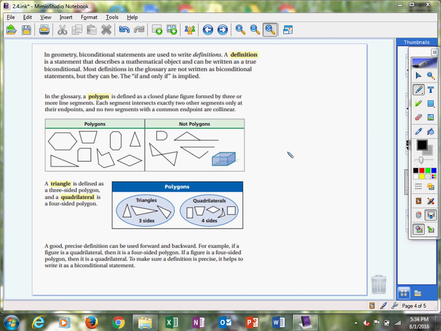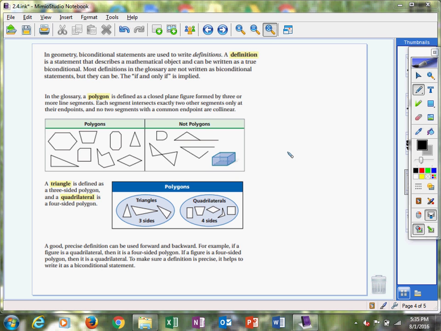So what they're trying to get you to understand, at the very bottom, is that a good, precise definition can be used forward and backwards. And this is how they do it. For example, if you're talking about a quadrilateral, if a figure is a quadrilateral, then it's a 4-sided polygon.